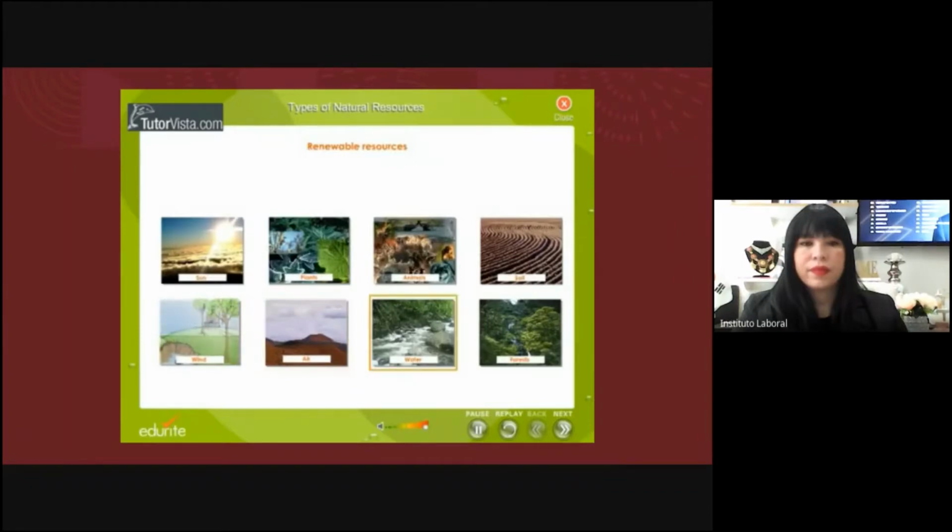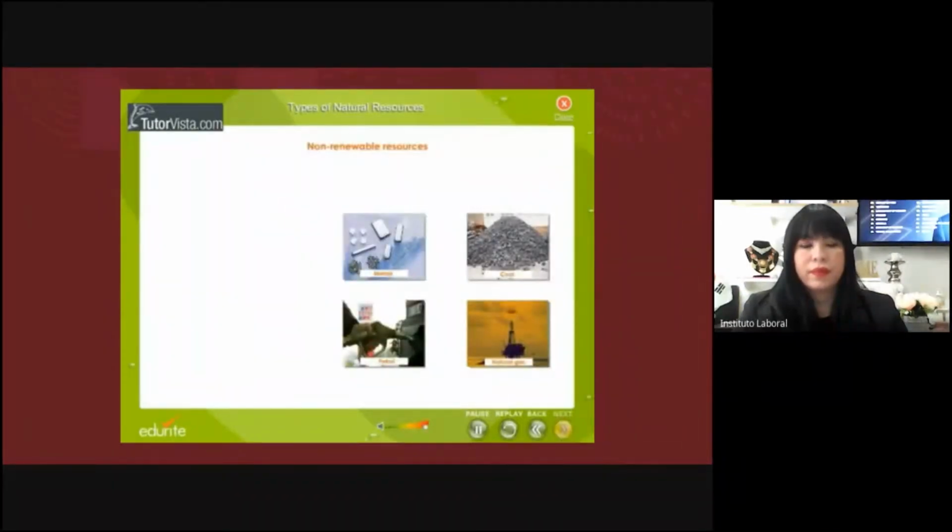Air, water, soil, and solar energy are non-living renewable resources. Plants, animals, and other organic products are living renewable resources. The living and the non-living resources are interdependent. Non-renewable resources are those which cannot be replaced in the environment after their utilization.